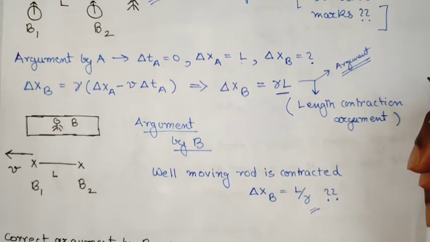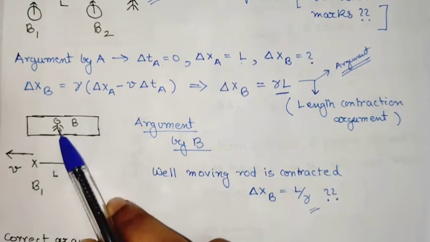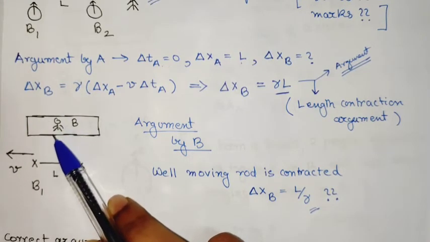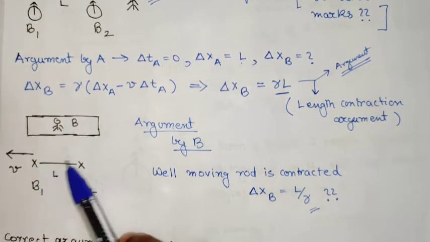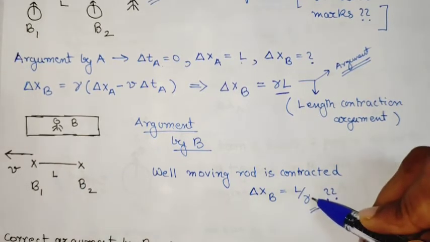The reason being that while discussing this length contraction argument, we made a very important point, that the measurement of the length is made simultaneously in the frame whose length is getting contracted. So here indeed it is true that the bombs will be separated by a length L by gamma.